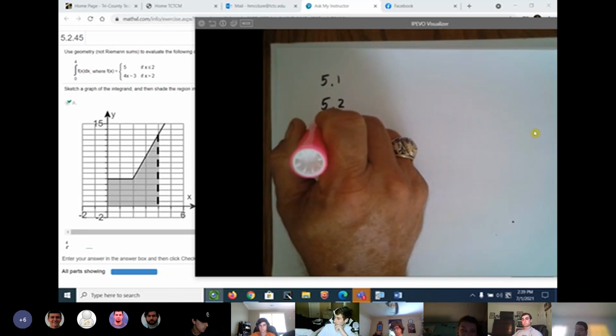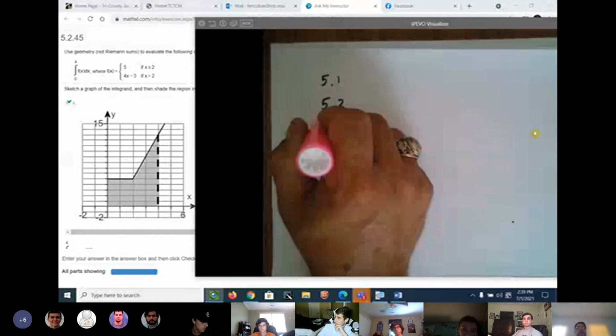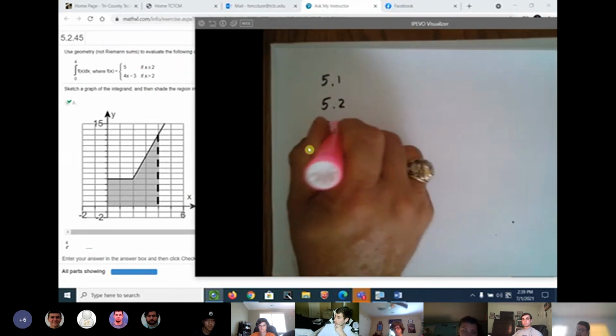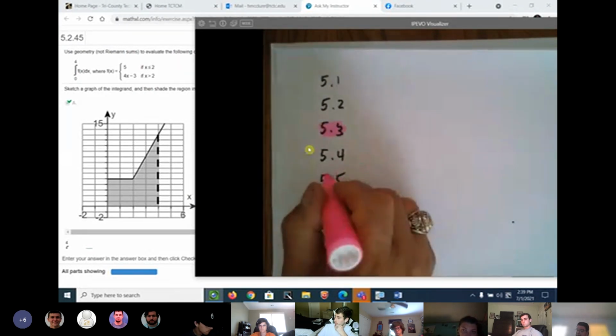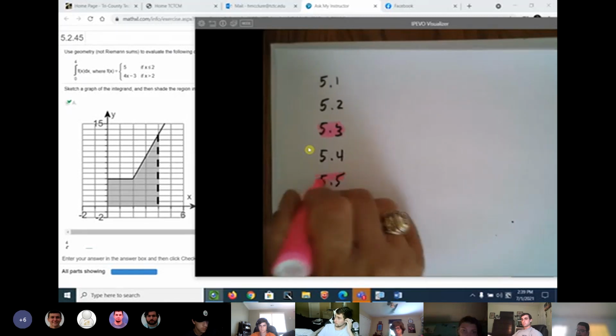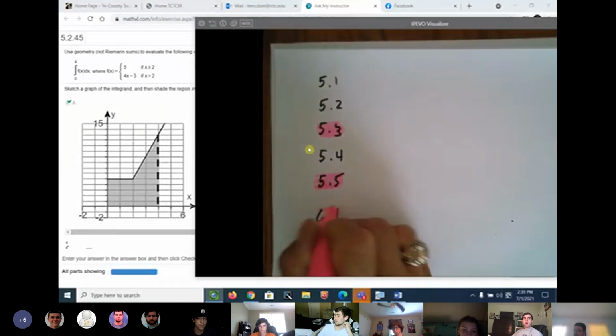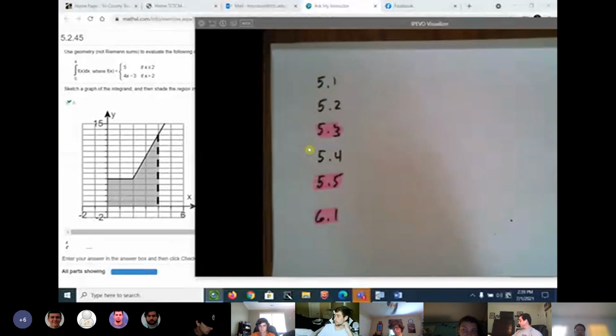Which one is the power rule? I think it's 5-3, yeah. 5-3 is the power rule. 5-5 is substitution. And 6-1 is the area between two curves. There's 90% of your test right there.